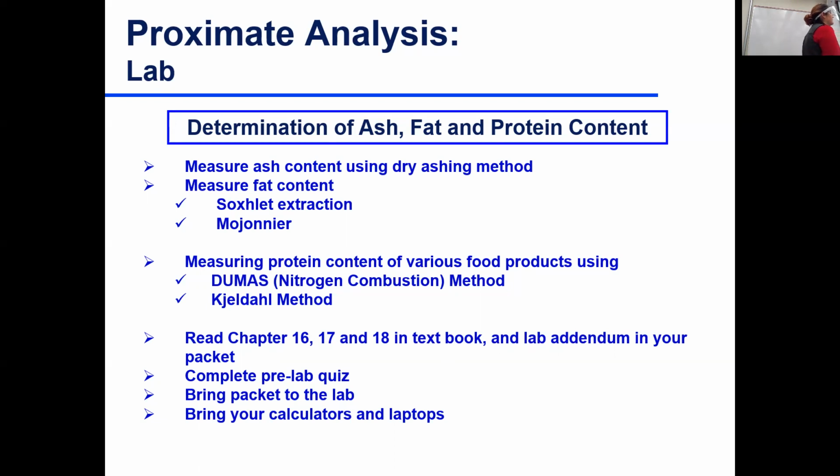Wet ashing is usually done for specific minerals that could be volatilized with dry ashing. For example, iron and zinc can be volatilized and lost during dry ashing. But dry ashing is not only used for that. You can do it like you did for atomic absorption. We did dry ashing with germanium, calcium, and iron samples. So you can do dry ashing for mineral analysis, but with wet ashing you cannot get an ash.